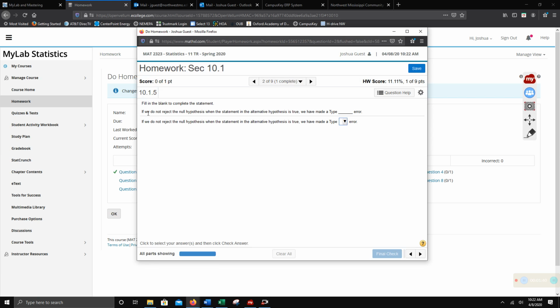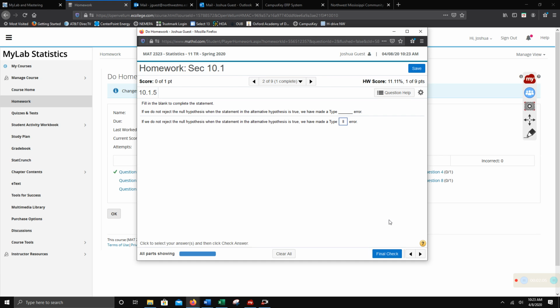All right. If we do not reject the null hypothesis when the statement in the alternative hypothesis is true, okay? So if we don't reject the null when the alternative is actually true, that is a type 2 error. If we reject the null when in fact it is true, that is a type 1 error. So you see the difference? We fail to reject or do not reject the null when the alternative is actually true, that's a type 2.